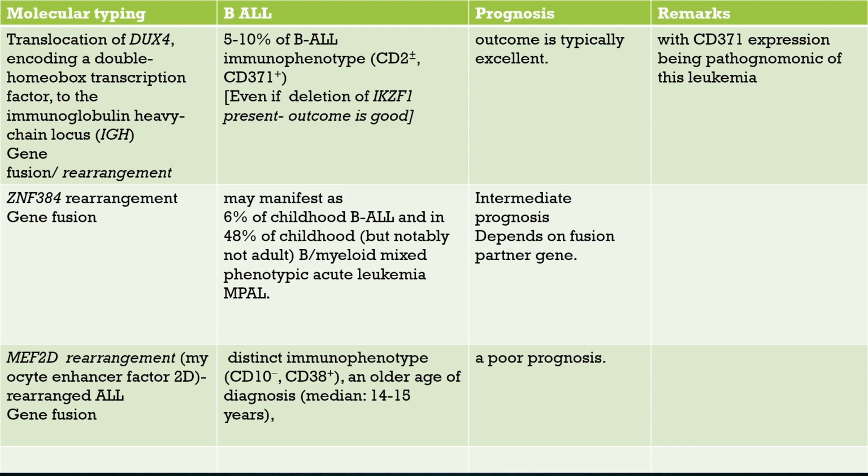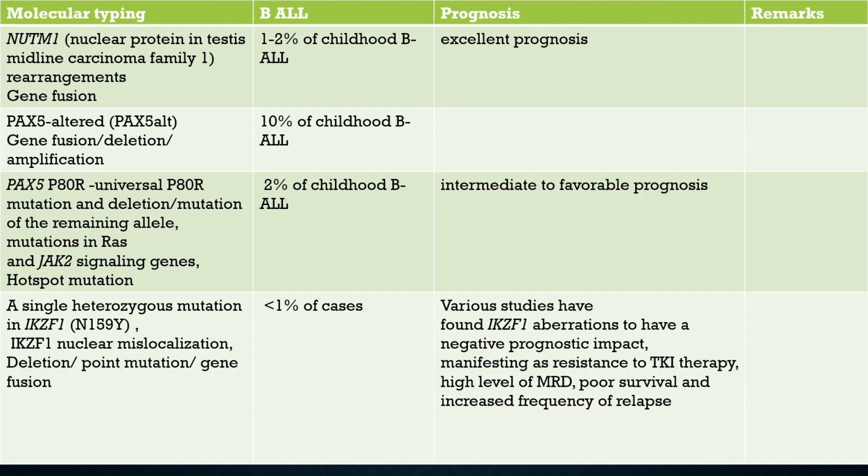MEF2D rearrangement. The abnormality is gene fusion or rearrangement. It has a distinct immunophenotype which has a CD10 negativity and CD38 positivity. It is seen in older age, around 14 to 15 years, and it has a poor prognosis.